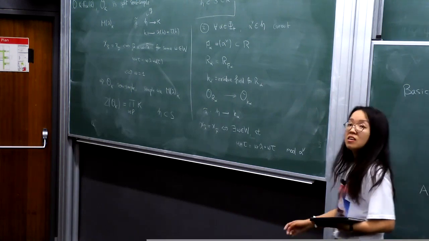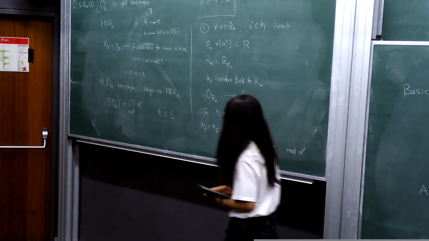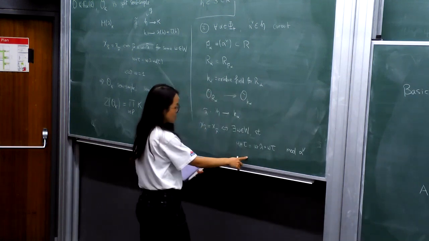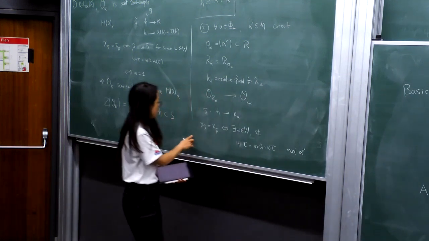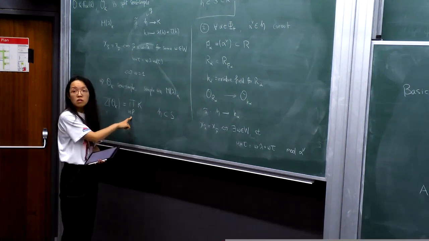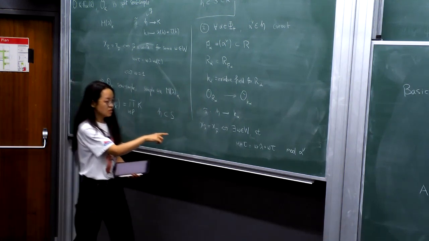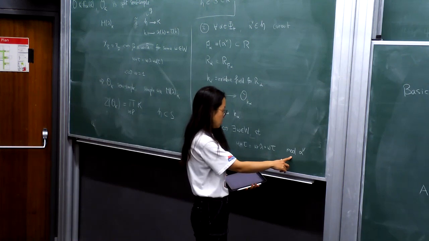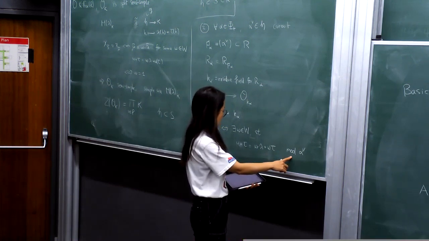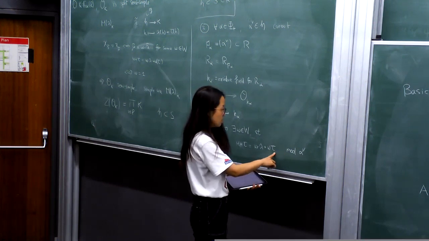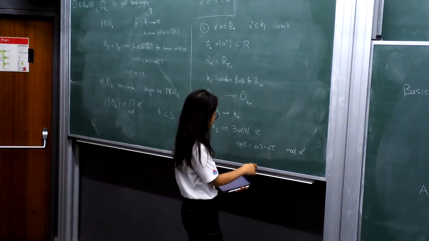I can't read the characters on the last line, the right of the equal sign. Yeah, it's equal to W dot lambda plus W tau. What's the second tau?